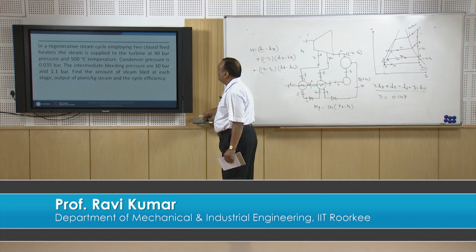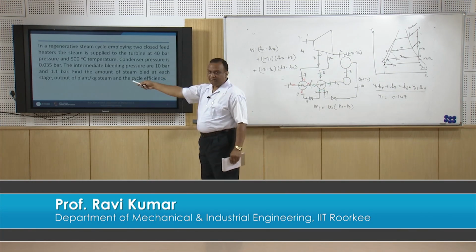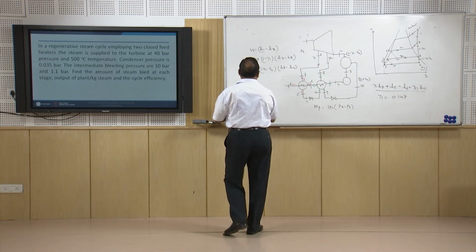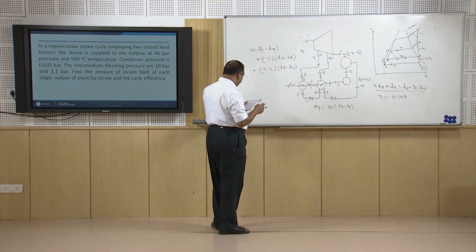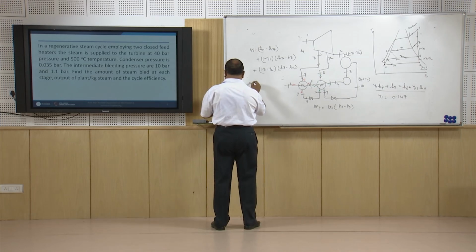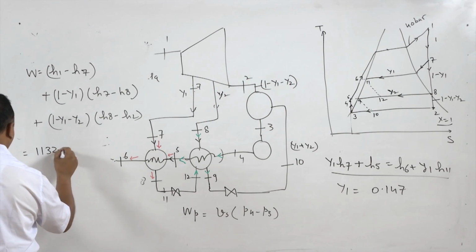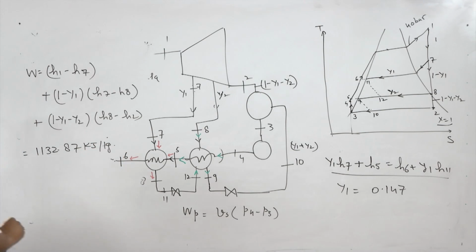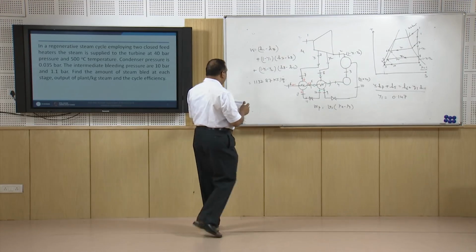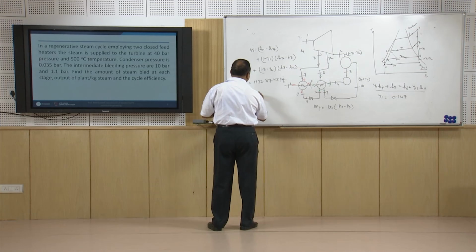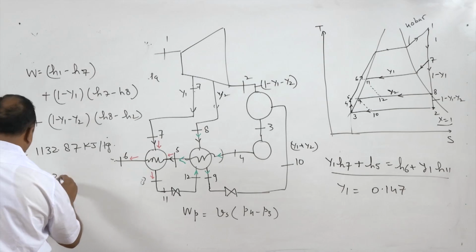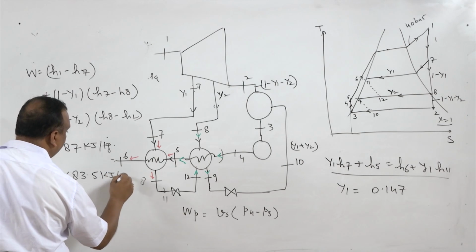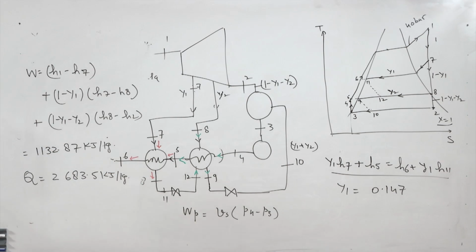Find out the amount of steam bled at each stage, we have already calculated. Output of the plant, you do by yourself. I am giving you the answer to this, it is 1132.87 kilojoules per kg, that is output of the plant. Heat given in the cycle from the boiler is 2683.5 kilojoules per kg, right.